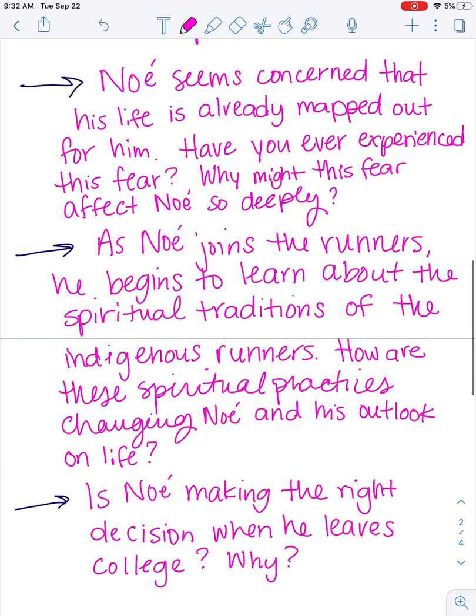And then my last question is actually a yes-no question: is Noe making the right decision when he leaves college? I would want to focus on the question of why if I was talking about this with a book club. Noe decides to leave college. As a person who obviously values education, I think that education is important, but college is not necessarily the best option for all people, and it's not necessarily the education that everyone needs or wants.